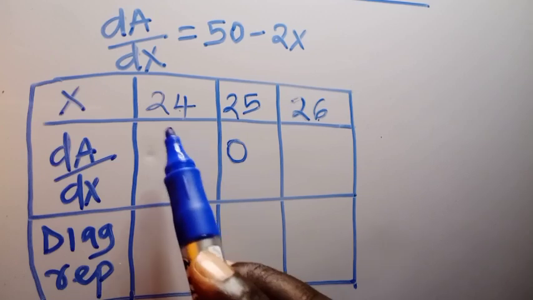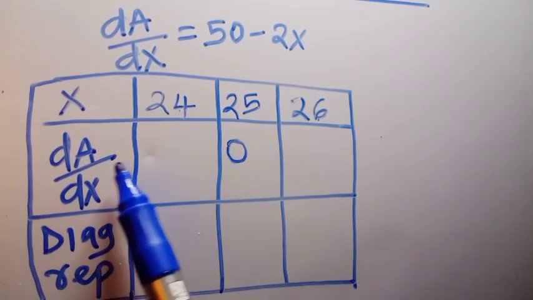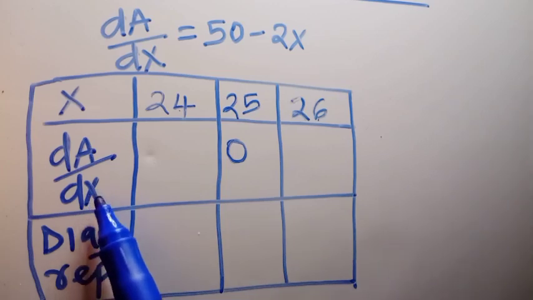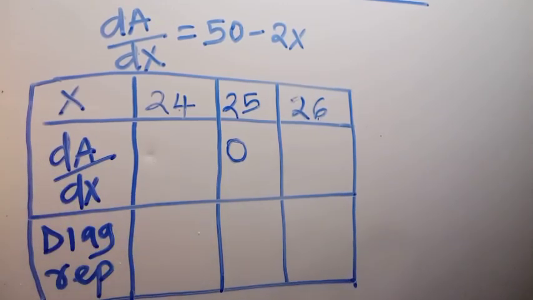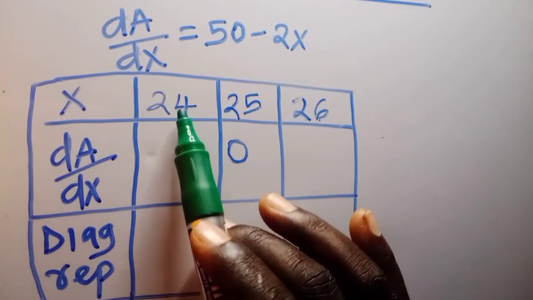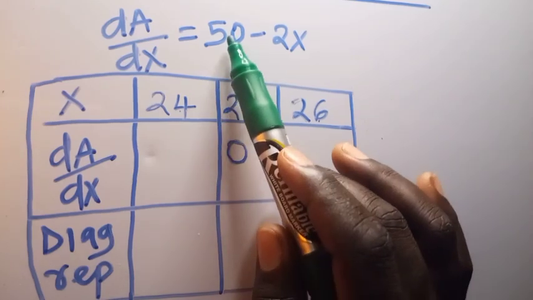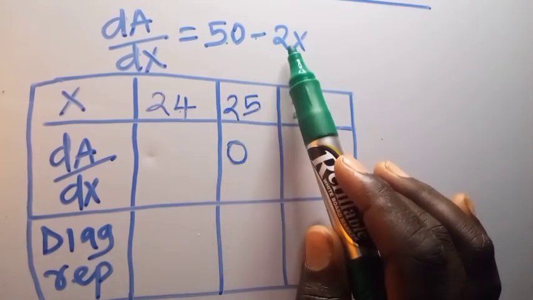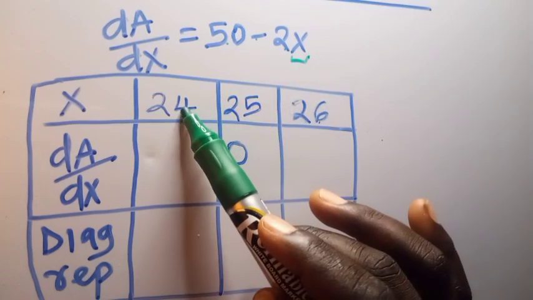Now, at the point when x is 24, what will be our dA over dx? That means what will be our gradient at that point? It will be 50 minus 2 times 24.